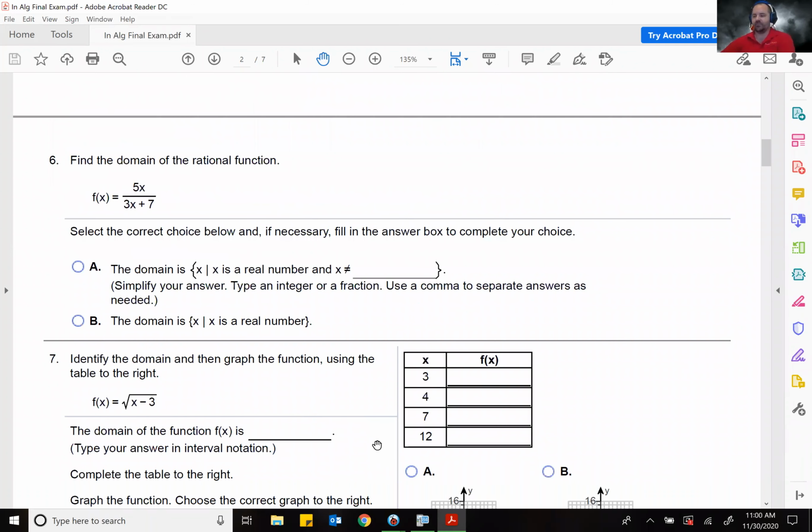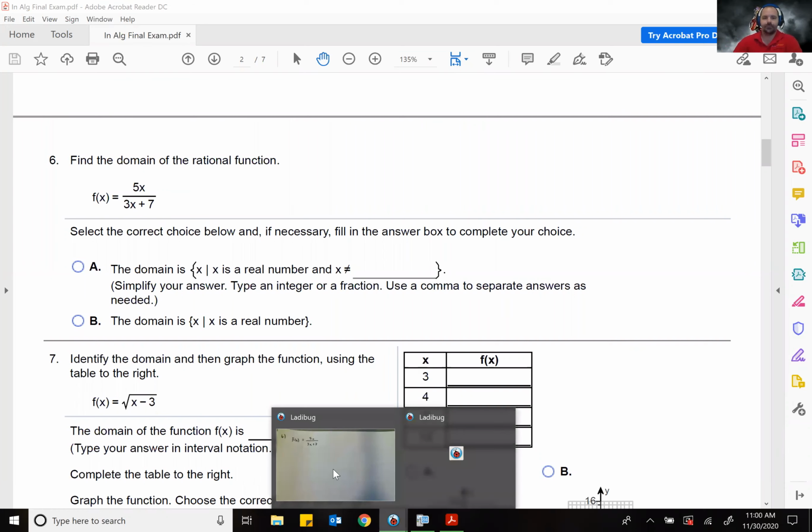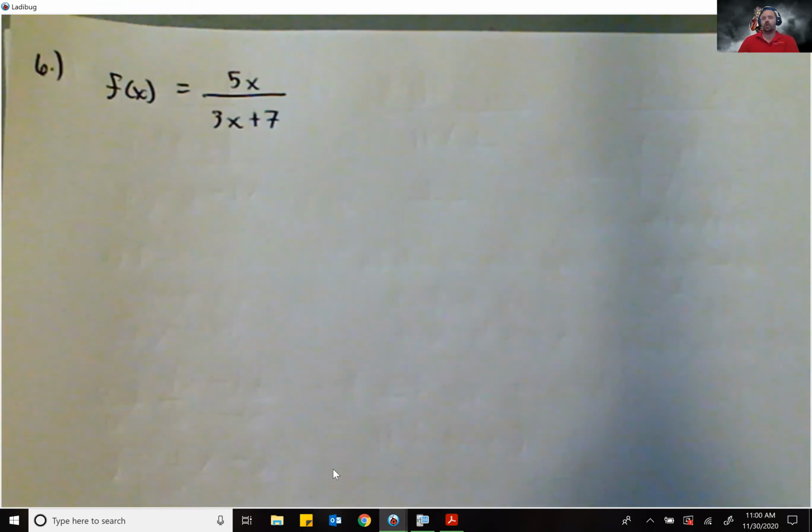Okay. So we're going to find the domain. All domains are always what in the beginning? We always assume all domains are what?